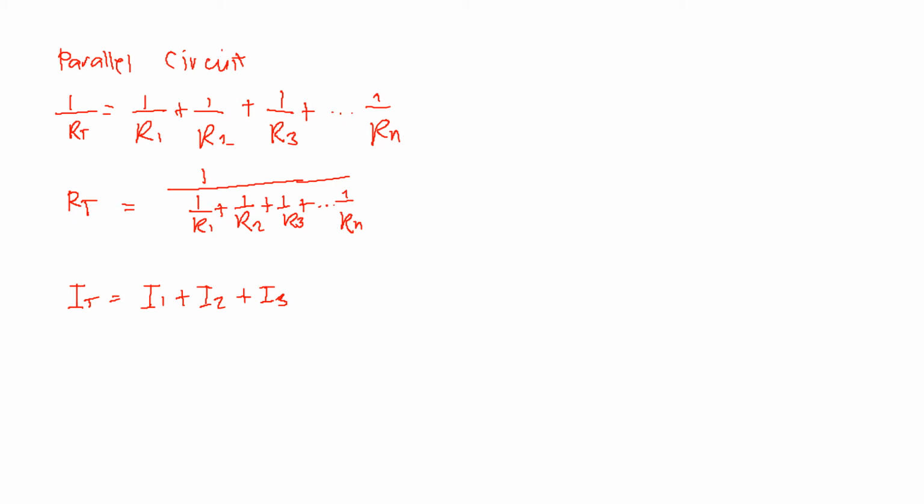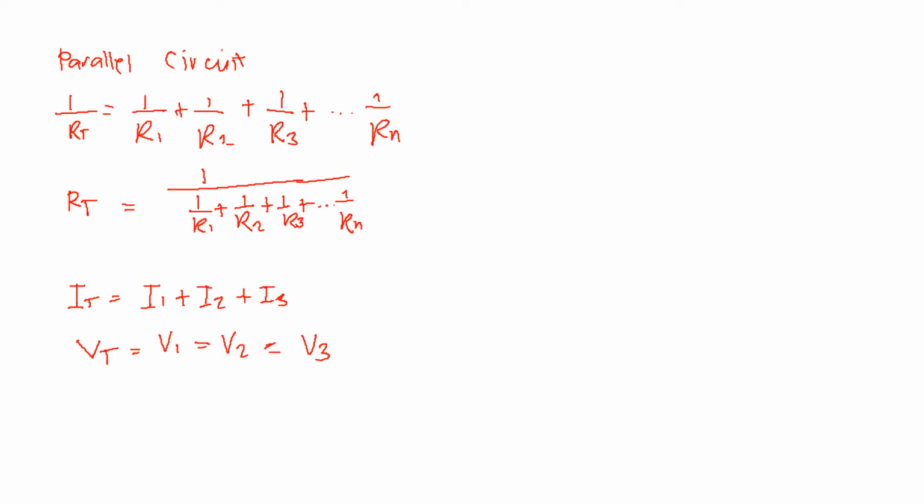And then to get the voltage drop of each resistor, actually the total voltage is equal to V1, equal to V2, equal to V3. So this is just for the simple parallel circuit.